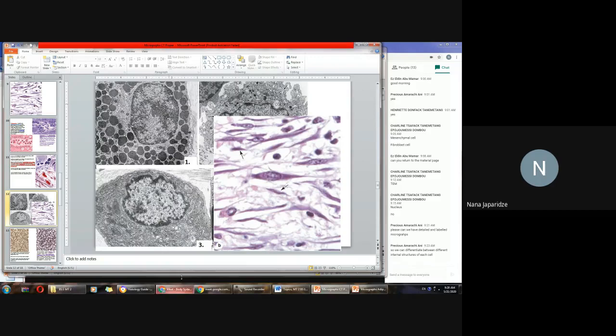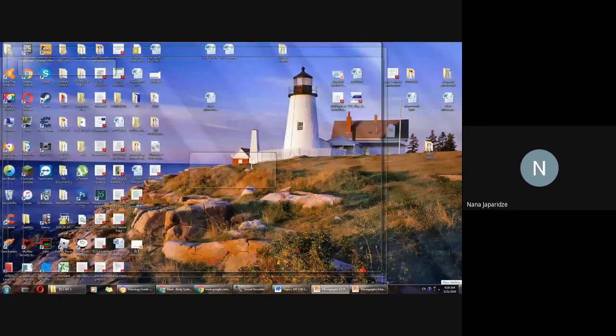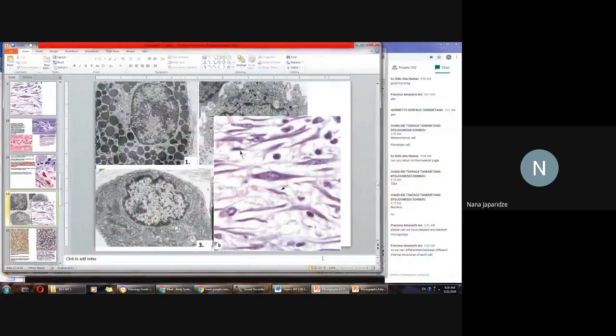For that reason, in your midterm questionnaire, only LM micrographs will be used. Okay, because we have not studied yet the cell biology, and we have not studied how to identify these different parts of cell structures.